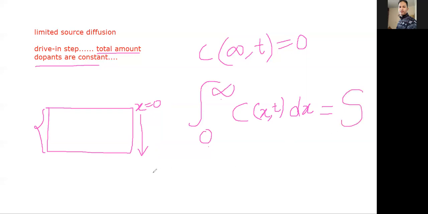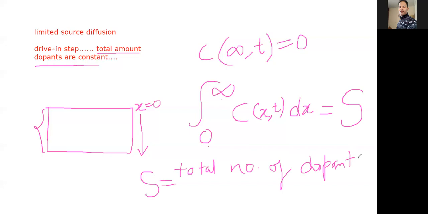So S is your total number of dopants per unit area. Why is it per unit area?